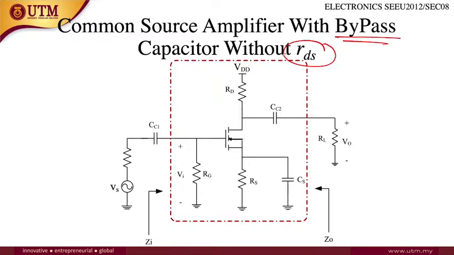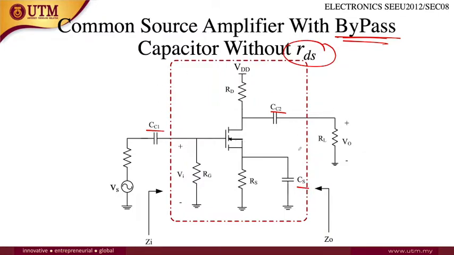So RDS is not considered inside this circuit, and there is a bypass capacitor. Remember, a bypass capacitor is a capacitor connected to the source. These are coupling capacitors, and these are bypass capacitors.